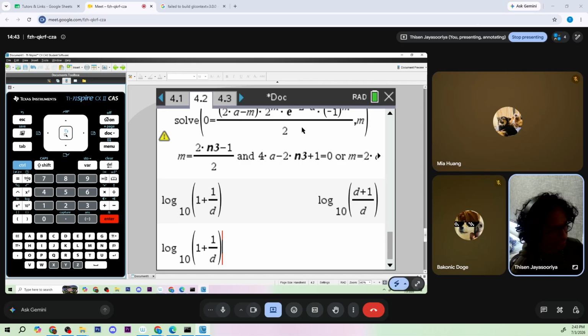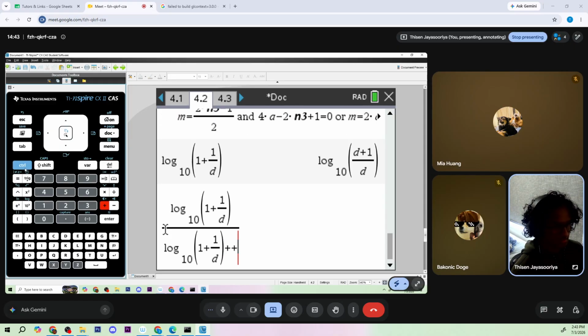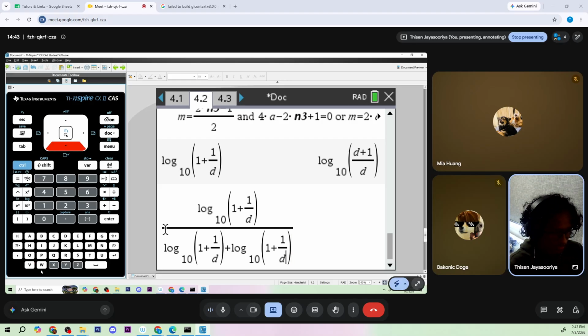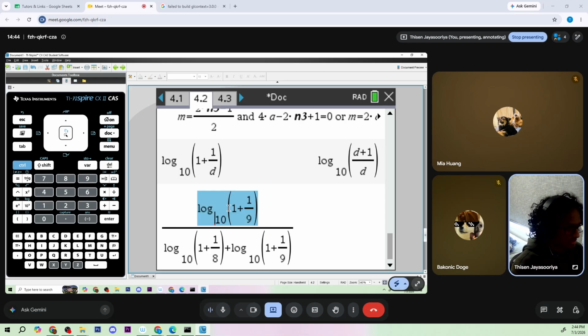So here, if I do this whole thing divided by Control C. I'll make this one Control B plus Control V. This is going to be 9 here. This one's going to be 8. And this one here is going to be 9. So this is the probability that D equals 9. This is the probability that D equals 8. This is the probability that D equals 9.